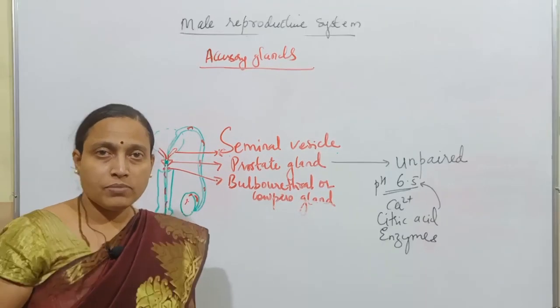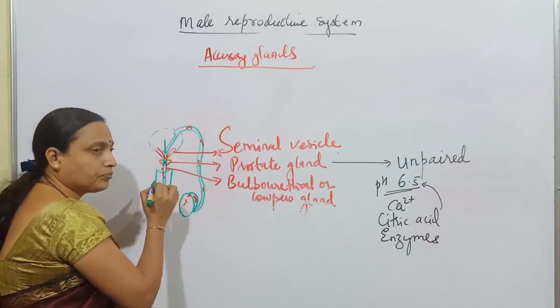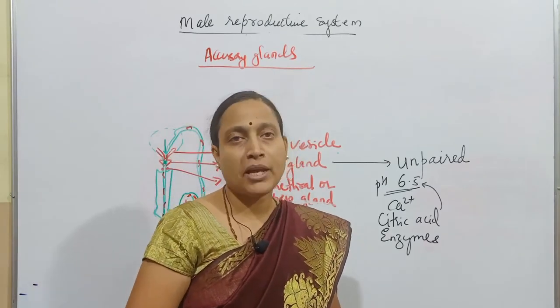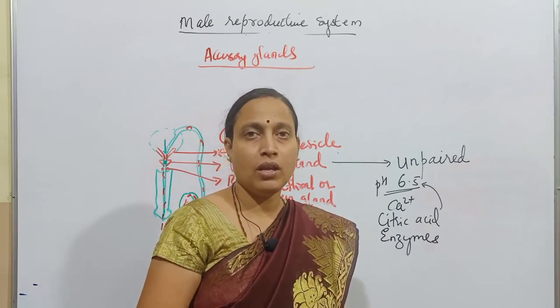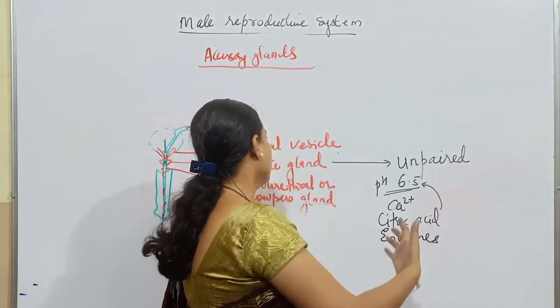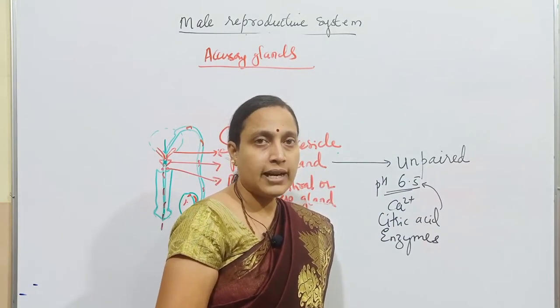When the urethra becomes narrow, there is difficulty in passing urine, and it may result in painful micturition or painful urination. So this is about the next gland, the prostate gland.